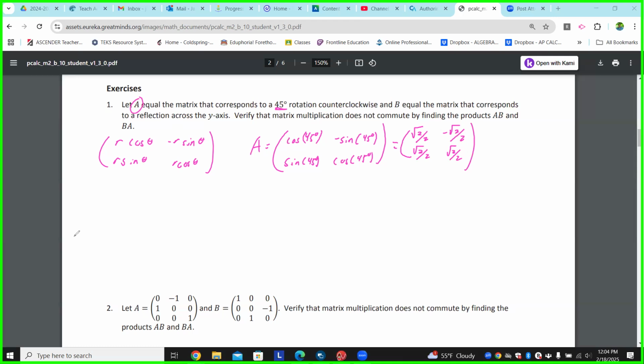All right. Matrix B, I always have to think about it. It's not one I have memorized, but if you do, that's great. We want to try to make a matrix B that corresponds to a reflection across the y-axis. For me, I have to almost graph it. So I have to go, all right, if I have a random point over here, we'll call it a positive and a positive, and I want to reflect across the y-axis, what do I want on this side?